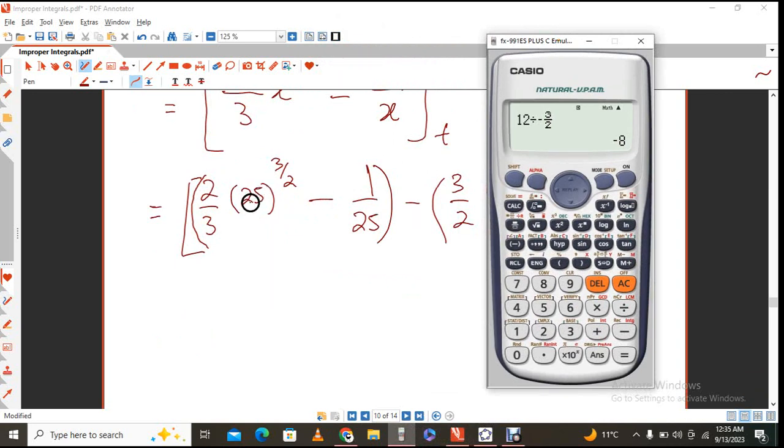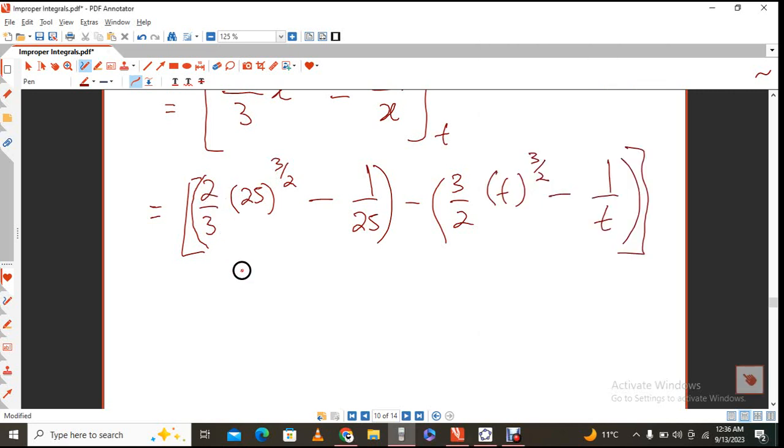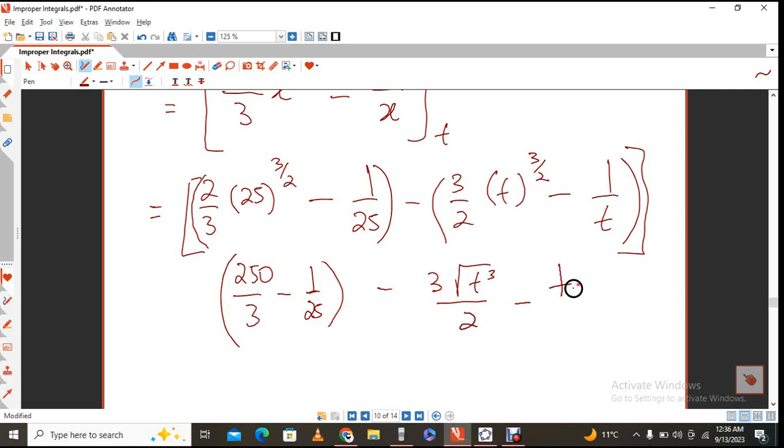This is the square root of 25, which is 5. 5 cubed is 125, times 2, that's 250 upon 3. So this is 250 over 3 minus 1 over 25. I'm just going to leave it like that. Minus, I'm going to leave this as 3 root t cubed upon 2, minus 1 over t.